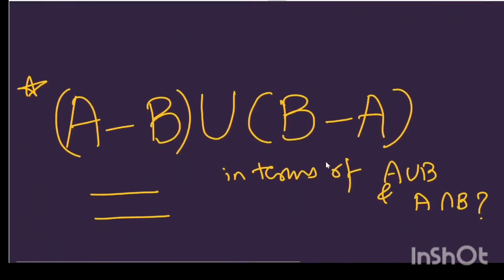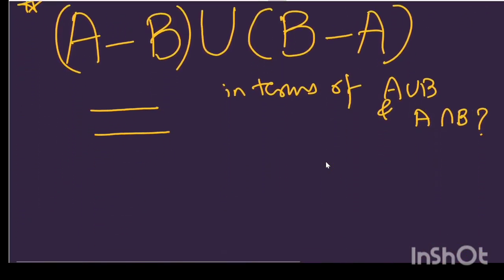Now what about A minus B union B minus A in terms of A union B and A intersection B, guys?